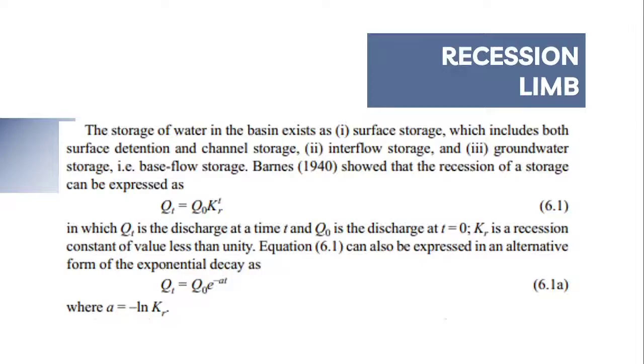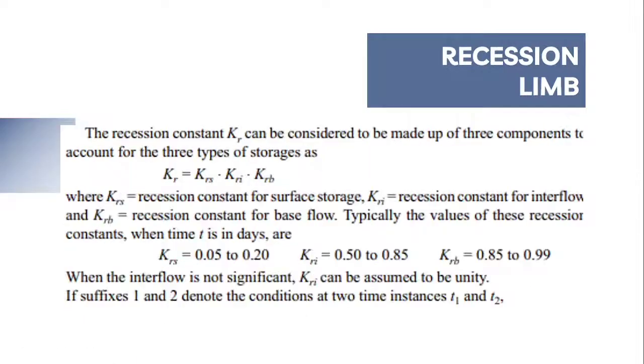K sub R depends on the kind of storage, whether surface storage, interflow storage, or groundwater storage. Equation 6.1 can also be expressed in an alternative form of exponential decay as Q sub T equals Q naught times e raised to the power of negative a t, where a is negative ln K sub R.